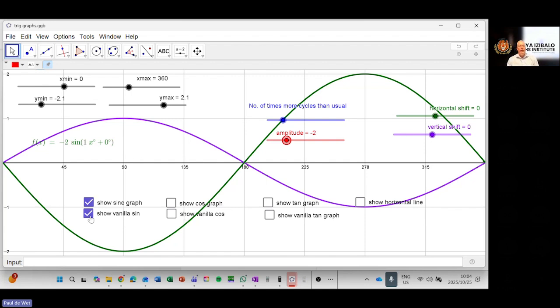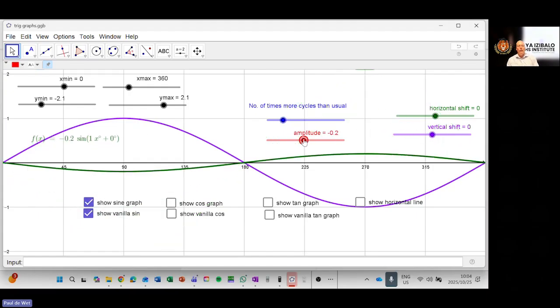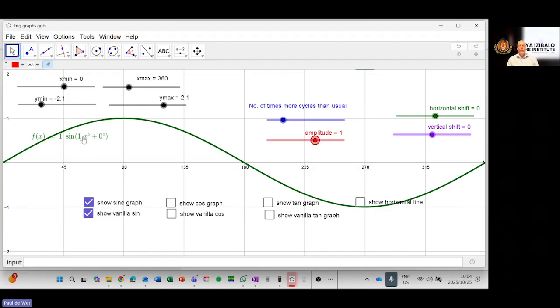And then the last one. What happens if, instead of having a sine of x, I make this a 3 here? Sine of 3x. Anyone want to tell me what will happen if we go sine of 3x? What will be affected? The period.